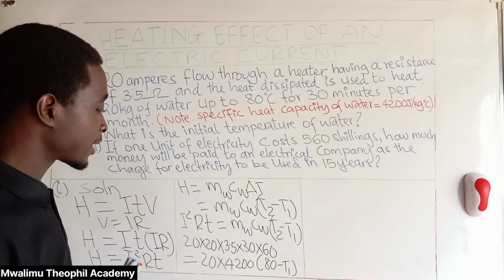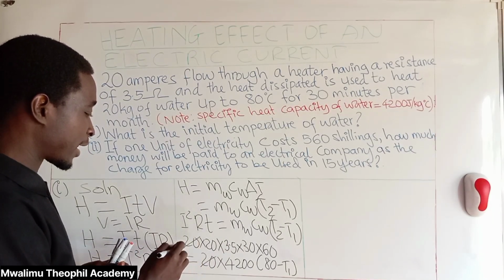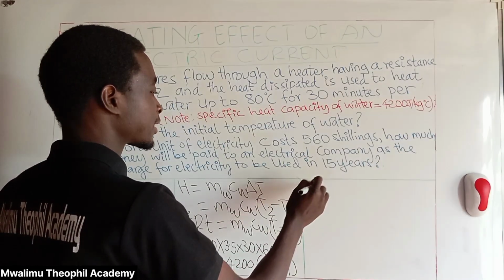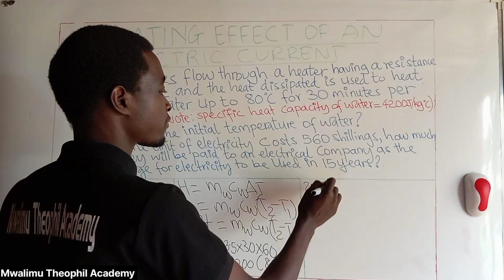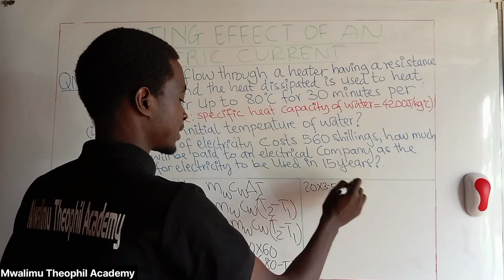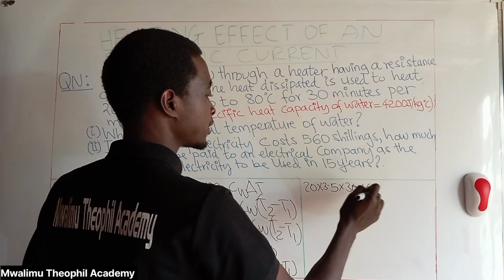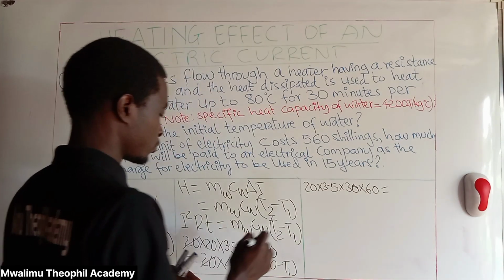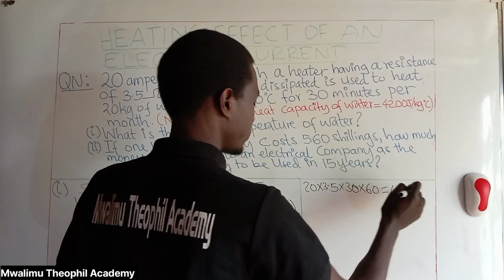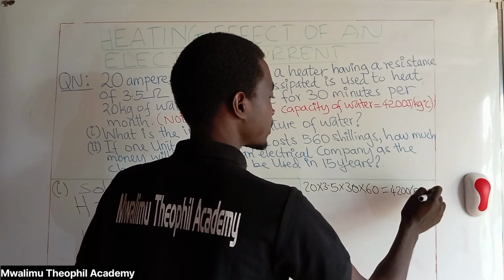Now let us see, when we look at this equation, 20 and 20 cancel out. Now we are left with 20 times 3.5 times 30 times 60 is equal to 4,200 times (80 minus T1).